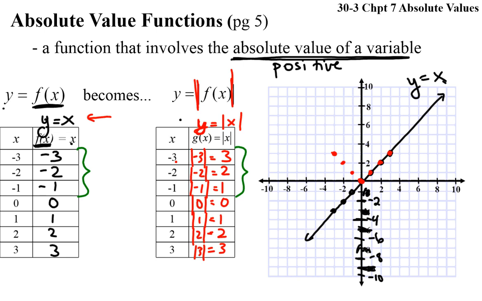So we end up with a new graph for the absolute graph where y equals the absolute of x. And what happens? Because we want the absolute, all of the y values became positive. Nothing went down into the negative y portion. That's what happens with an absolute graph.